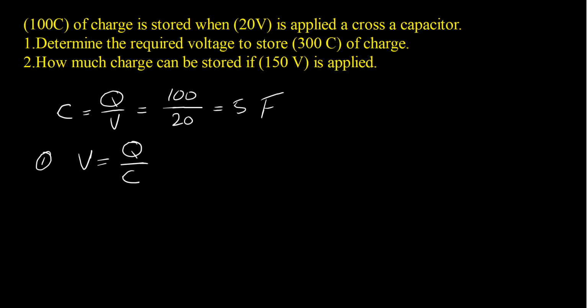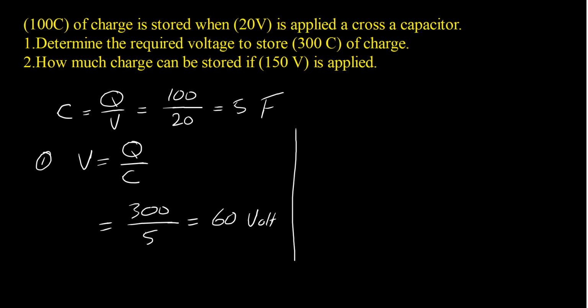All right, now Q is 300 coulomb he's asking for, and the capacitance we have is 5. That will give me 60 volt. That's the voltage required to be able to store 300 coulomb in this capacitor.